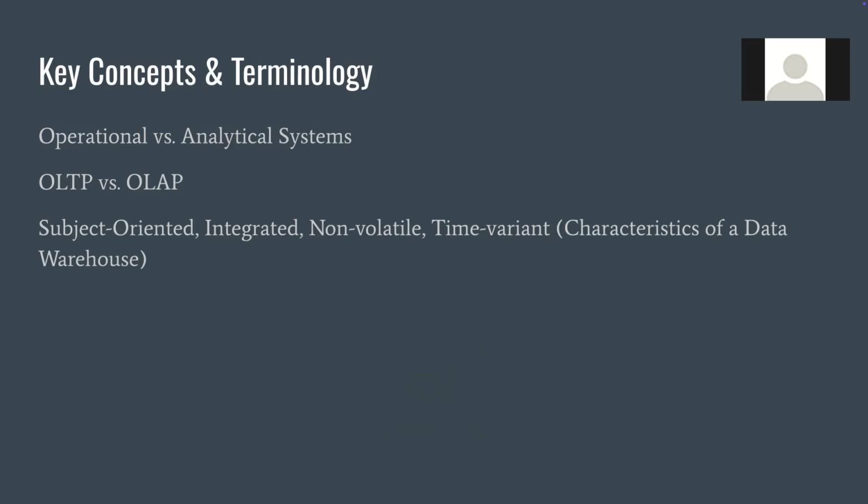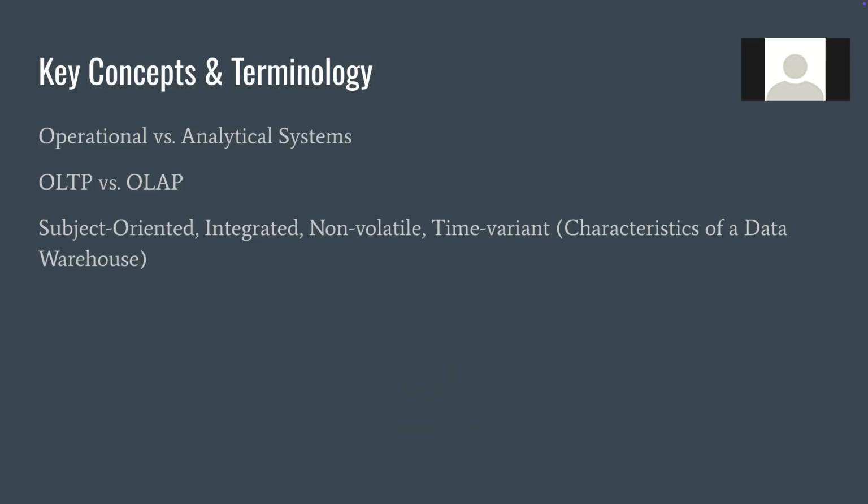What they do is handle day-to-day transactions such as sales, inventory updates, and customer service interactions. Analytical systems, on the other hand, are designed for analysis, insights, and decision support. And these are also commonly referred to as online analytical processing systems.